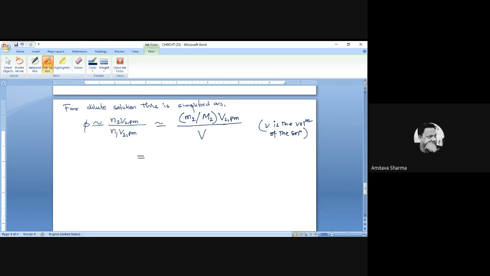Now we can write equation 10, M2 by V, it is C. Now substituting equation 10 in equation 8.